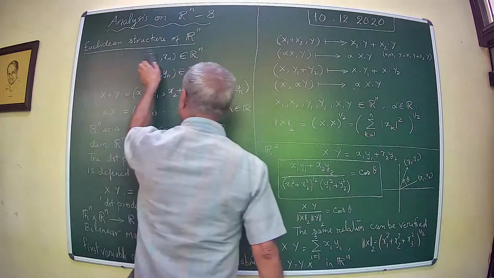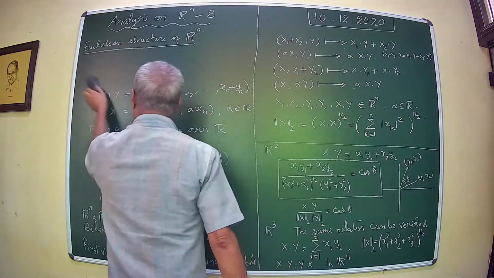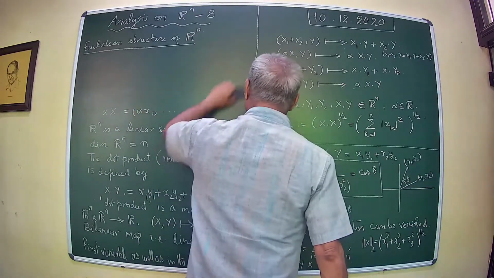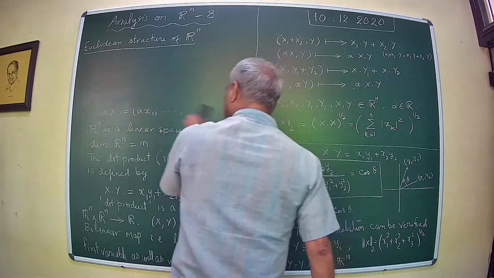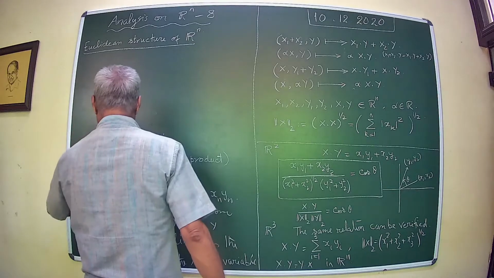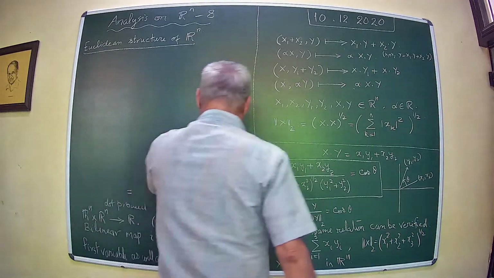So we have now the concept of inner product and then the concept of length of a vector.